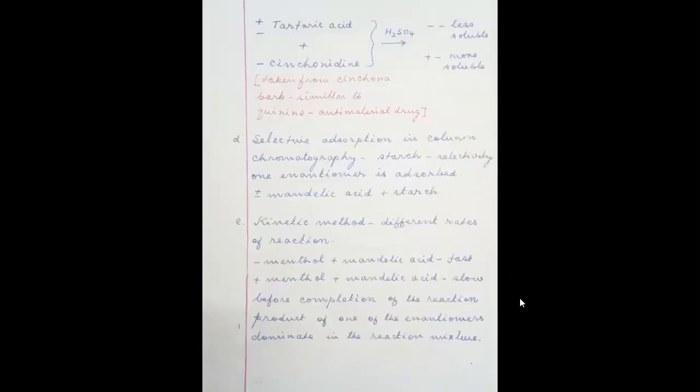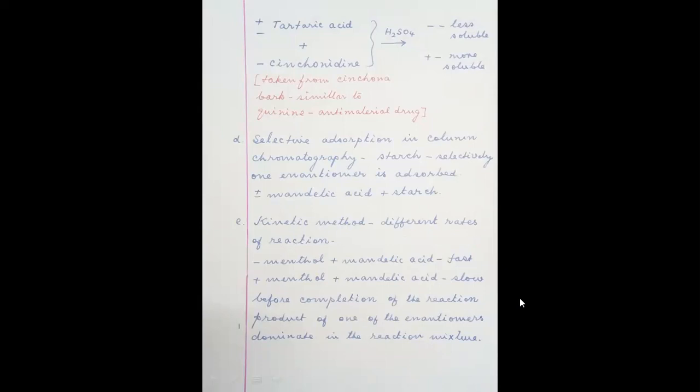Another example of the chemical method: the racemic mixture of tartaric acid is allowed to react with minus cinchonidine. Cinchonidine is actually taken from the cinchona bark. It is similar to quinine, which is an anti-malarial drug.